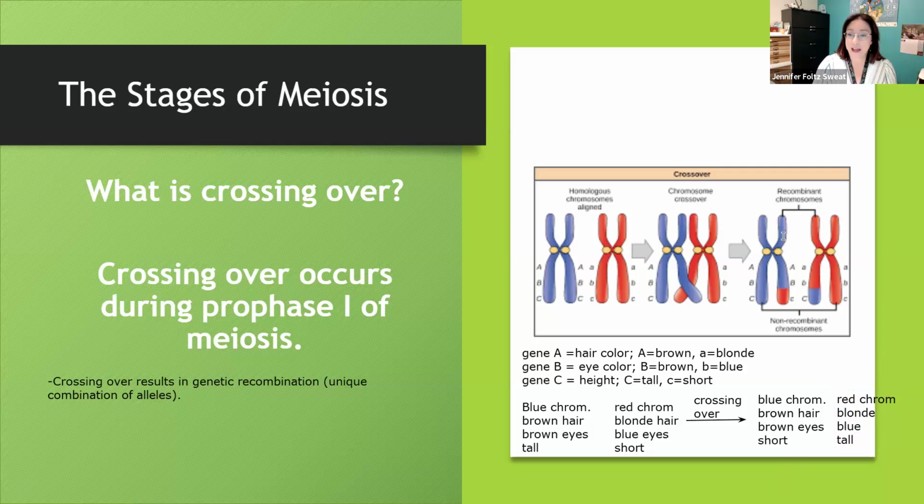Now you have a sister chromatid that has brown hair, brown eyes, short, whereas originally it was brown hair, brown eyes, tall. Same with the red chromosome. It was originally blonde hair, blue eyes, short. Now it's blonde hair, blue eyes, tall. Does that make sense to everyone?